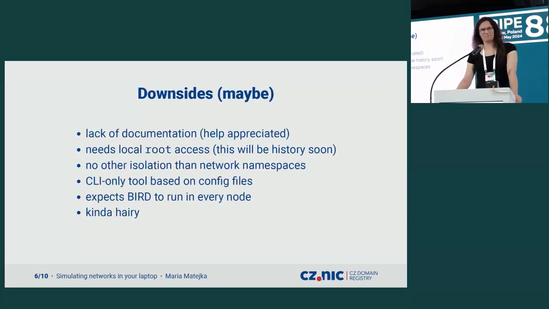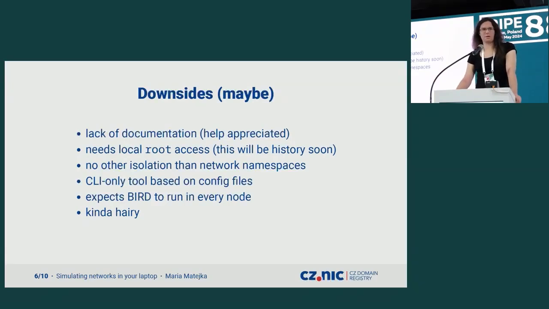There are some downsides. It's our internal project. It's still nothing to be actually well published. There is not much documentation. If somebody is willing to help us, we would love to accept some contributions to the documentation. It needs local root, which is going to be history soon, because Ondřej is working on fixing this.